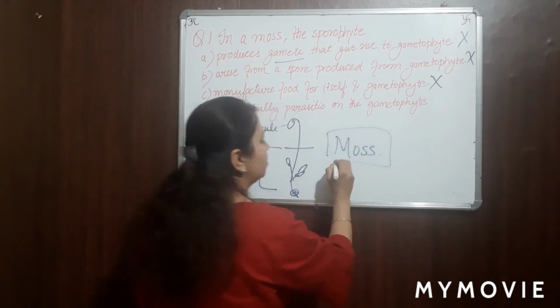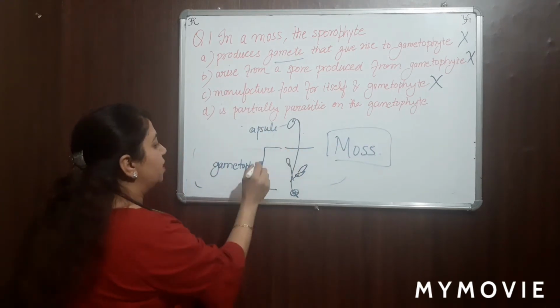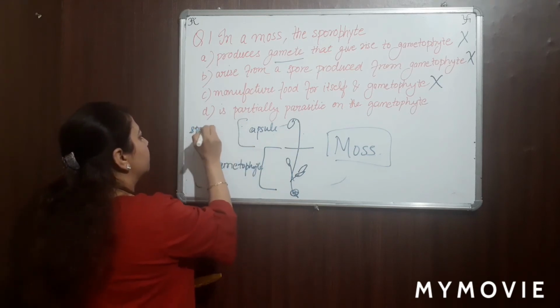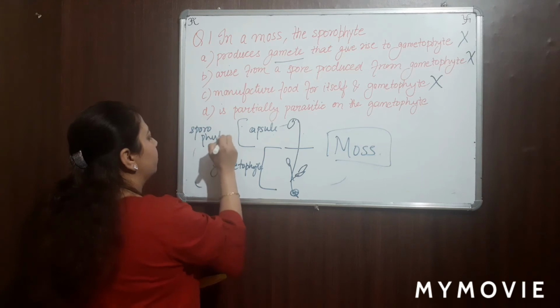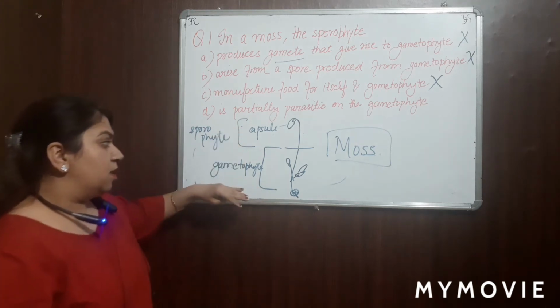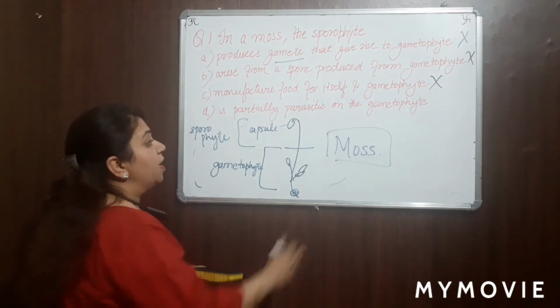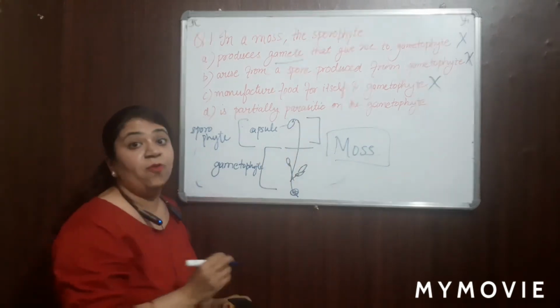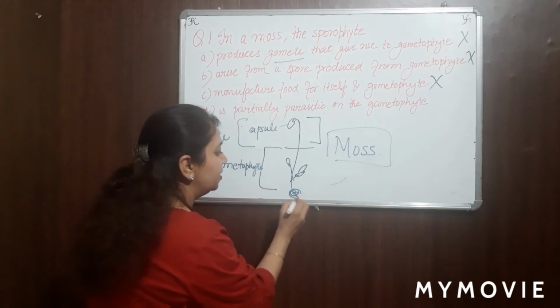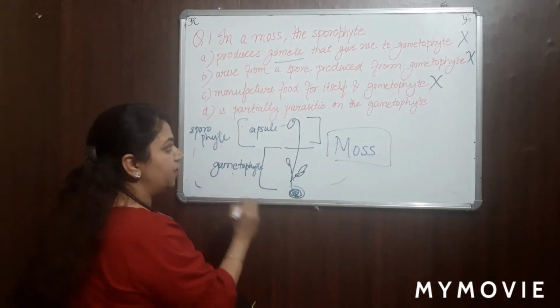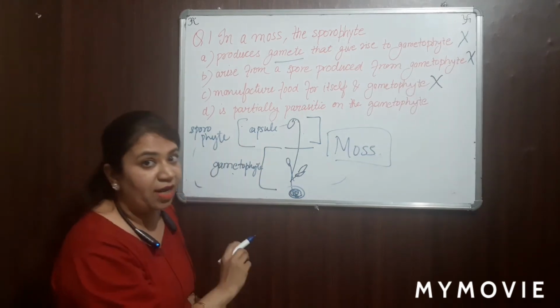This is a moss. Well, this part is gametophyte and this part is sporophyte. Right? This and this are organically attached. This part is short of rhizoids which are present here, right? So gametophyte have rhizoids which are absent in the sporophyte.